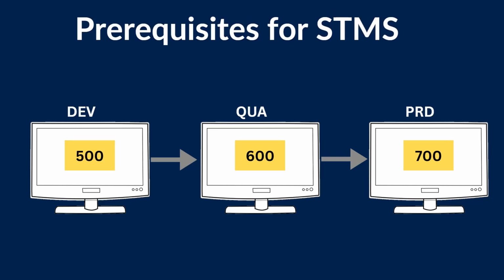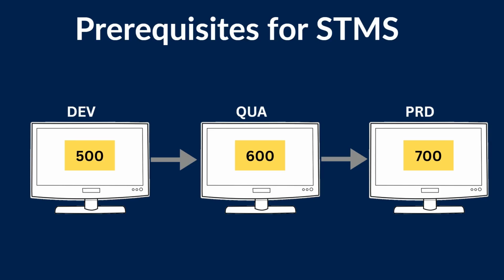The first one: all systems, whether you take a 3-system landscape or a 4-system landscape, should be differently hosted. Whether it is a development, quality, production or pre-production system, whatever it may be, all the systems should be on different locations. So before doing STMS configuration, that is one priority.